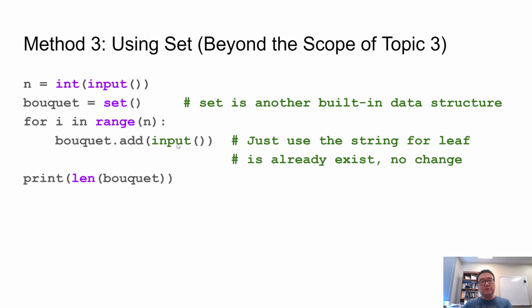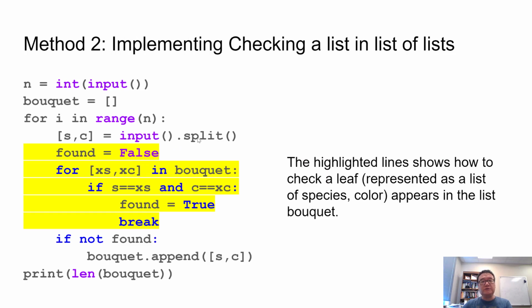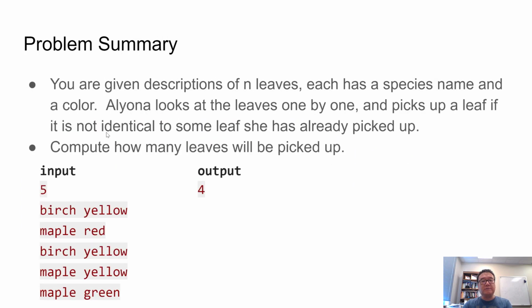Another thing: this code is different from the previous version in that we don't actually do any parsing. We don't do this split thing. The reason is that each leaf is specified using exactly the same syntax: species followed by one space followed by color. Because this syntax is fixed, two leaves are the same if and only if their string representations are the same.